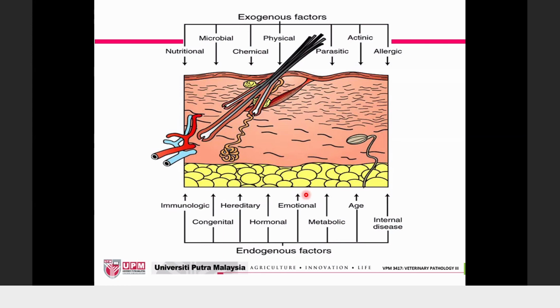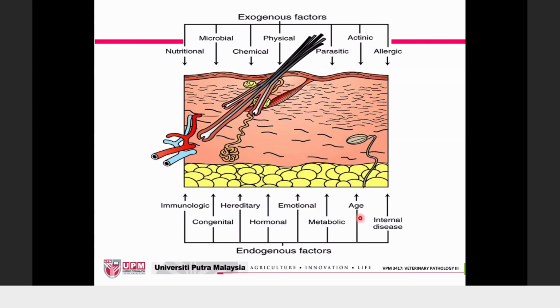Okay. Metabolic diseases also can lead to skin manifestation. Age, like I mentioned, young animals sometimes are prone to more infection, even simple bacterial infection, because of their naive immune system. In old people, the skin usually becomes really wrinkly because of less collagen in the skin, or maybe because of more exposure to the sun.